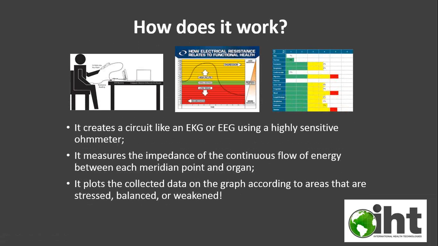And then it plots the collected data on the graph according to areas that are stressed, balanced, or weakened. And you can see that here in the middle graph up here. It shows you the areas that are weakened and stressed or balanced: balanced in green, stressed in red, and weakened in yellow, and then you can look over and match that up to the different organ levels within the body.